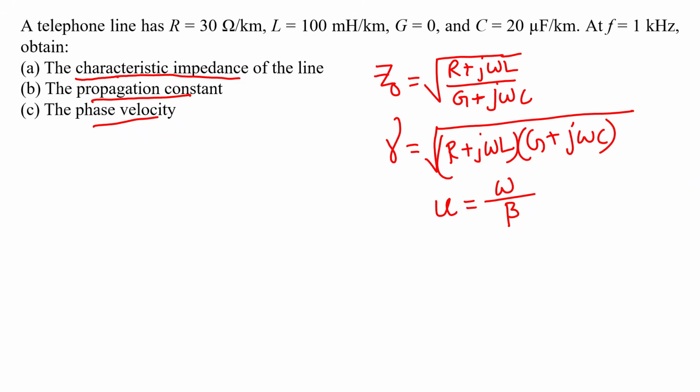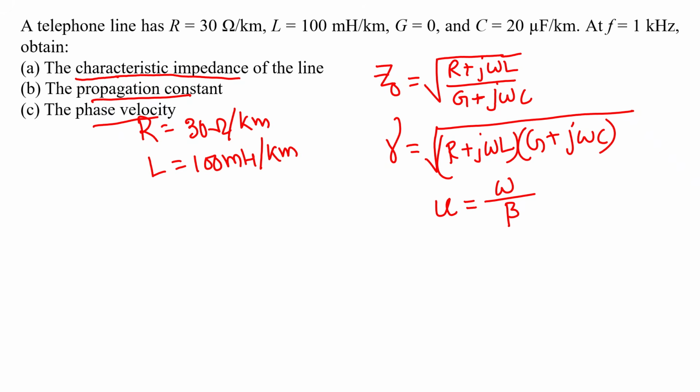Now what is the information given in this question? The first information given is the values of the line parameters. So we have to convert these values into standard units. First is R, which is given as 30 ohm per kilometer, so no need to do anything with that. Then L is given, which equals 100 millihenry per kilometer.